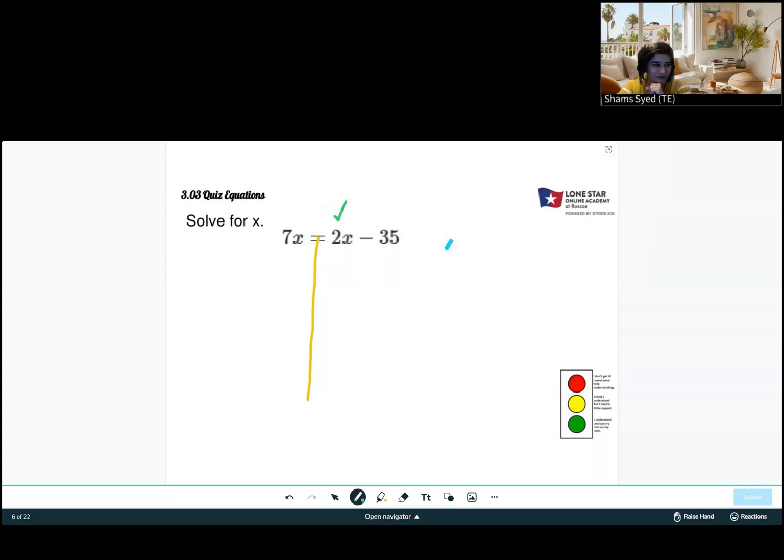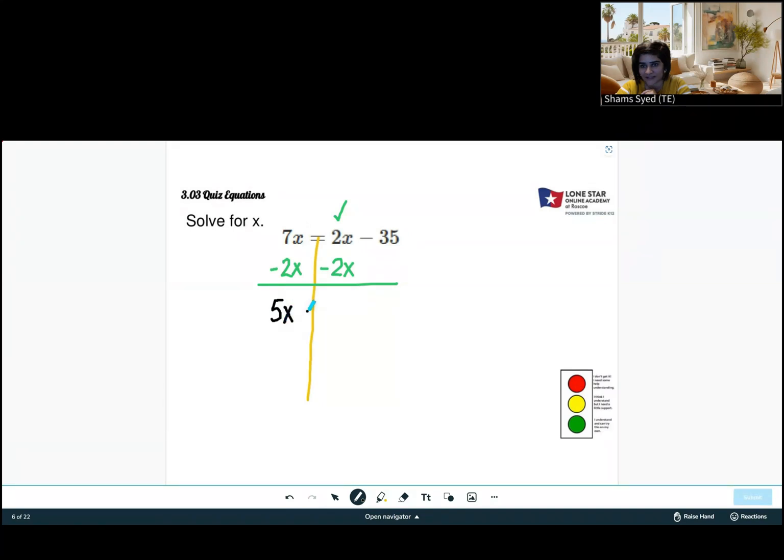It's just going to be a little bit more handy. So let's subtract 2x from both sides so that we can get rid of the 2x on the right side. And let's see the impact of subtracting 2x from both sides. 7x minus 2x gives us 5x.